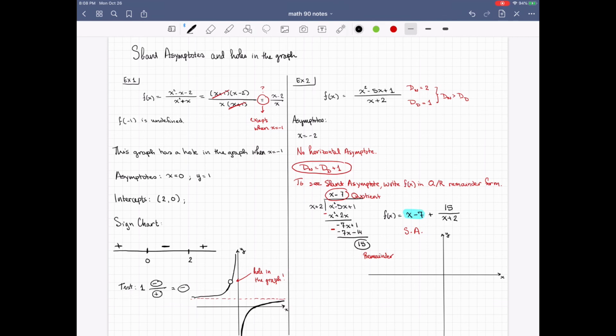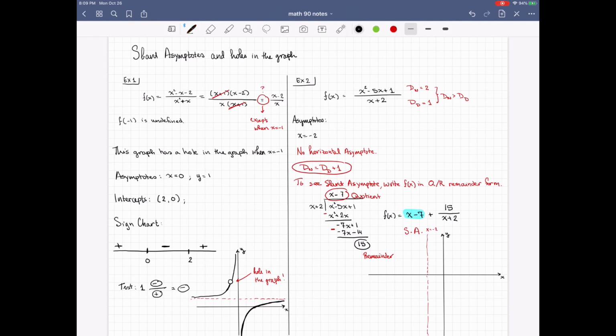So first things first, let's draw in our asymptotes. So x equals negative 2 is there, okay? And then for the slant asymptote, you're graphing the line y equals x minus 7.